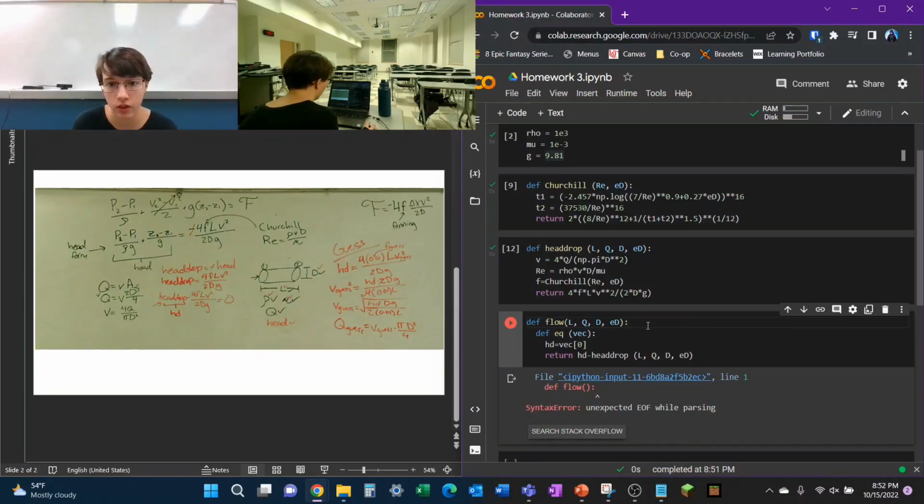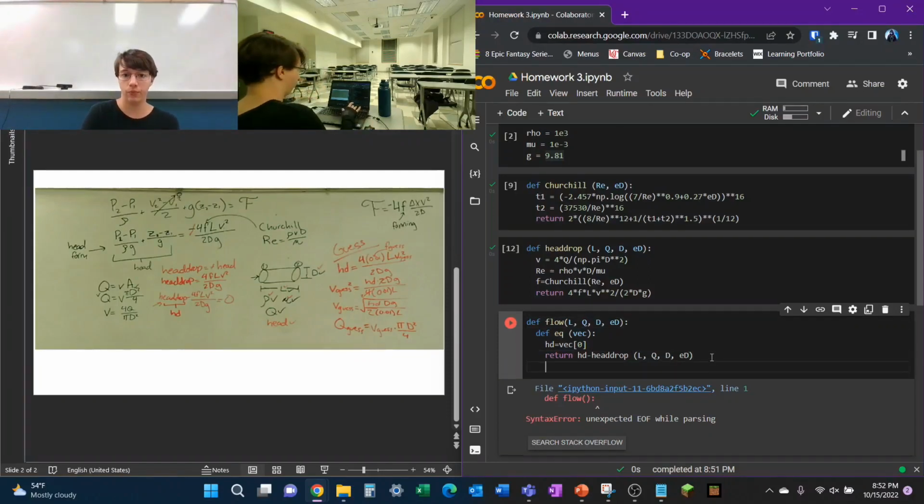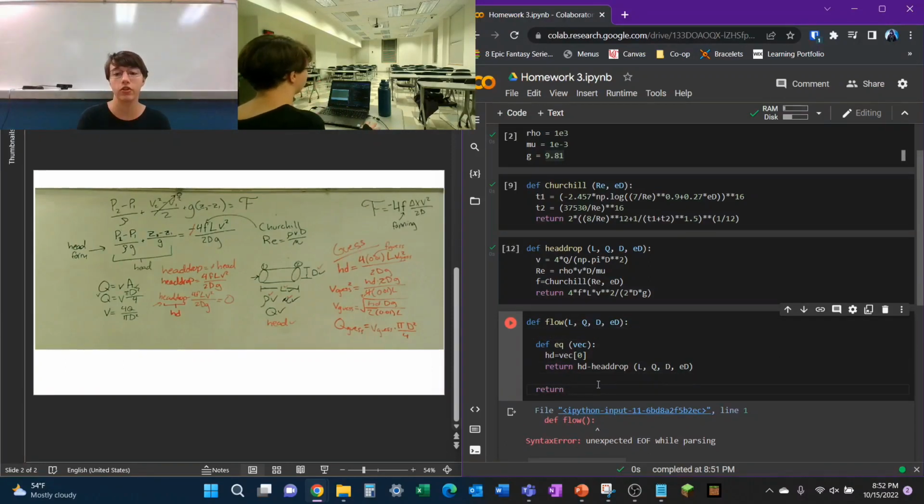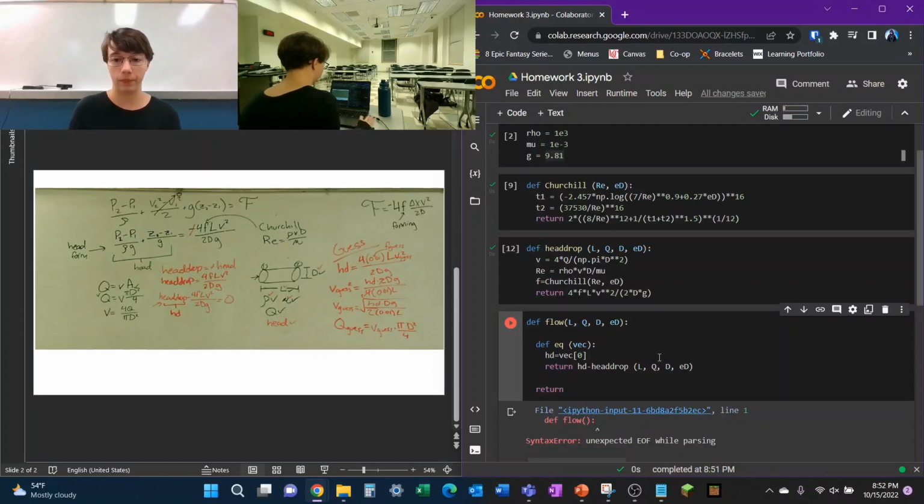Alright, so then we have that. And we now would like to return the root solver for this function within. Let's space that out so it looks nicer. So we're going to solve this with a root, which is going to set it equal to 0. So we'll return root.